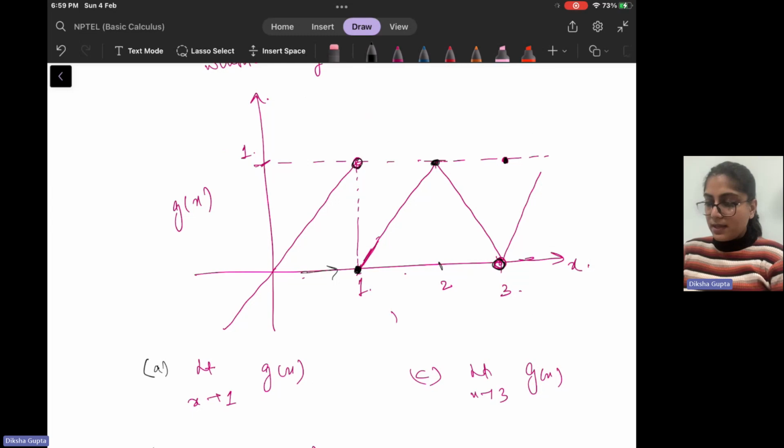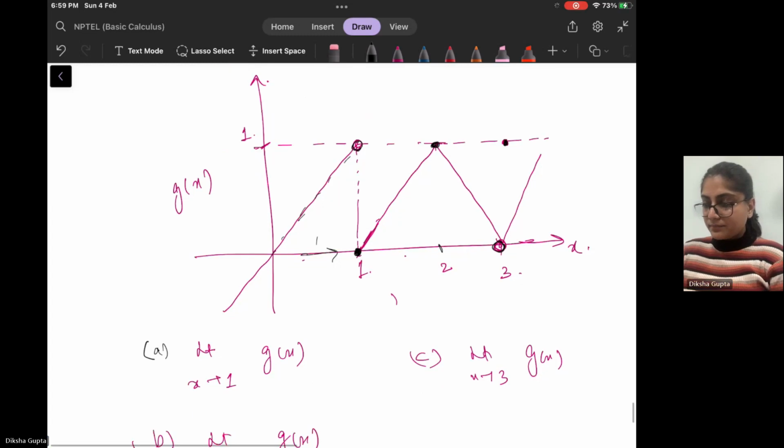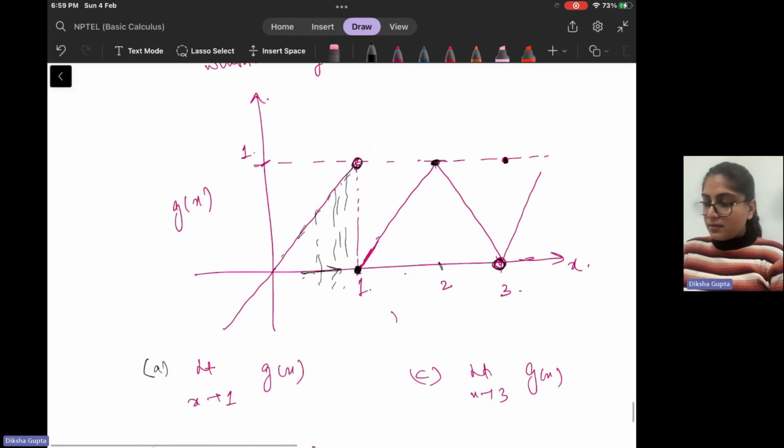At all the points when x is here, here, here, here, it is going to 1. But again, you do not care about what value g takes at the point 1. Around the point 1, when x is less than 1, it takes the value 1, right? And from the right, when x approaches, it takes the value 0.